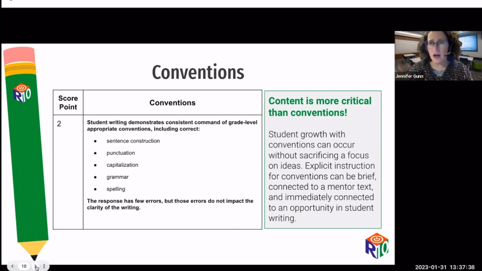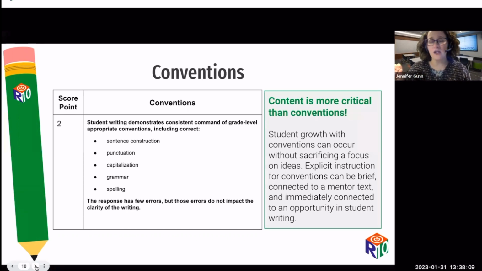That content is more critical than conventions is a very important understanding for our instructional decisions. You can grow a student's use of conventions without sacrificing a focus on the ideas. Explicit instruction around conventions can be brief through a mini lesson connected to a mentor text, and that mentor text could be as short as 1 sentence.